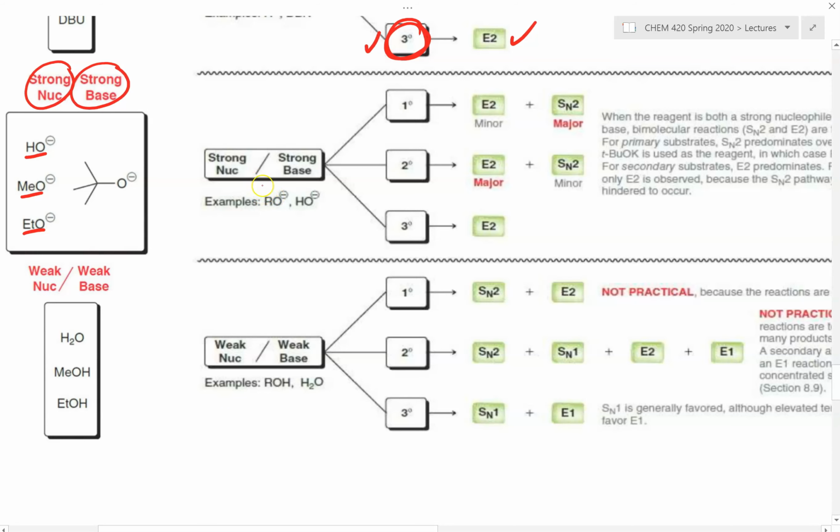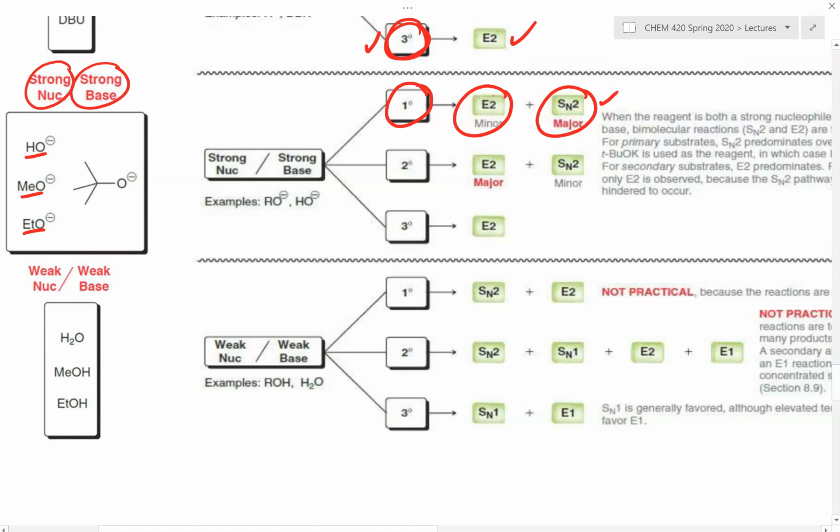If we were to take those reagents and react them with a primary substrate, then in this case the substitution reaction would be the major product. And the reason is that the primary substrate in this case is not very bulky, so it is very easy to attack. And this is why the SN2 would be the major product. We'll also get the E2 as the minor product as well.